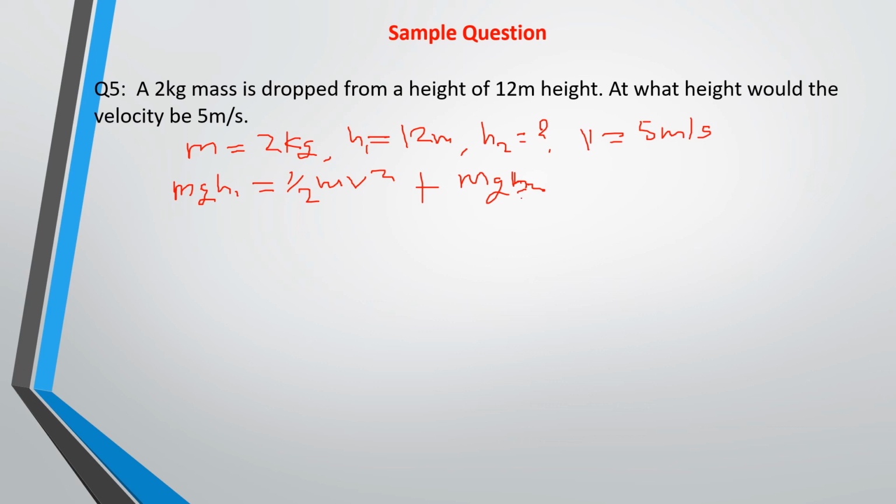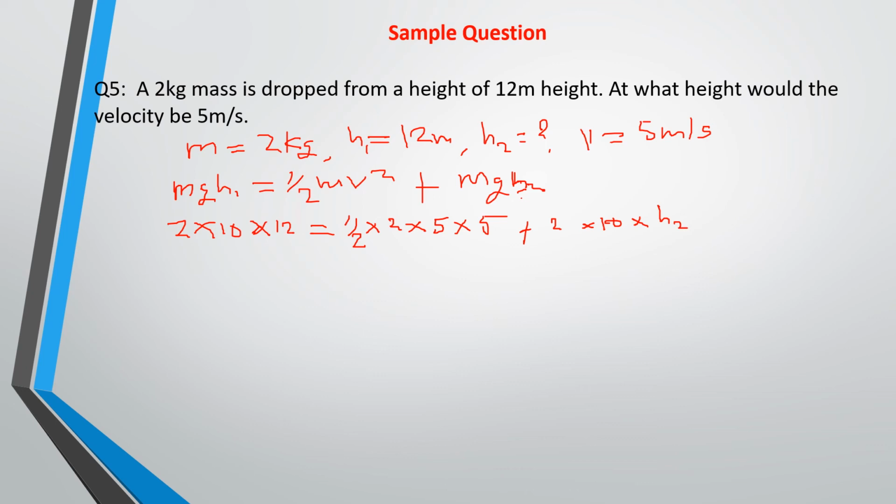Okay, so just substitute the values that you have. m is 2, so we have 2 times 10 times h1, which is 12, equals to half times 2 times velocity squared, which is 5 times 5, plus m, which is 2 times 10 times h2.